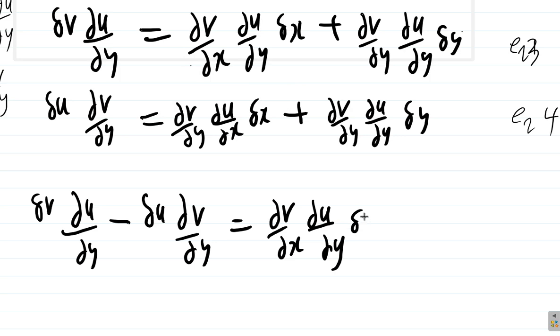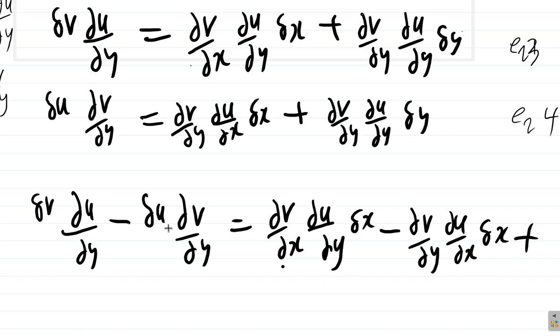Oh, del X, right? Minus this one now, delta V by delta Y, delta U by delta X, change in X. Alright, so we have that. Plus now, plus what?